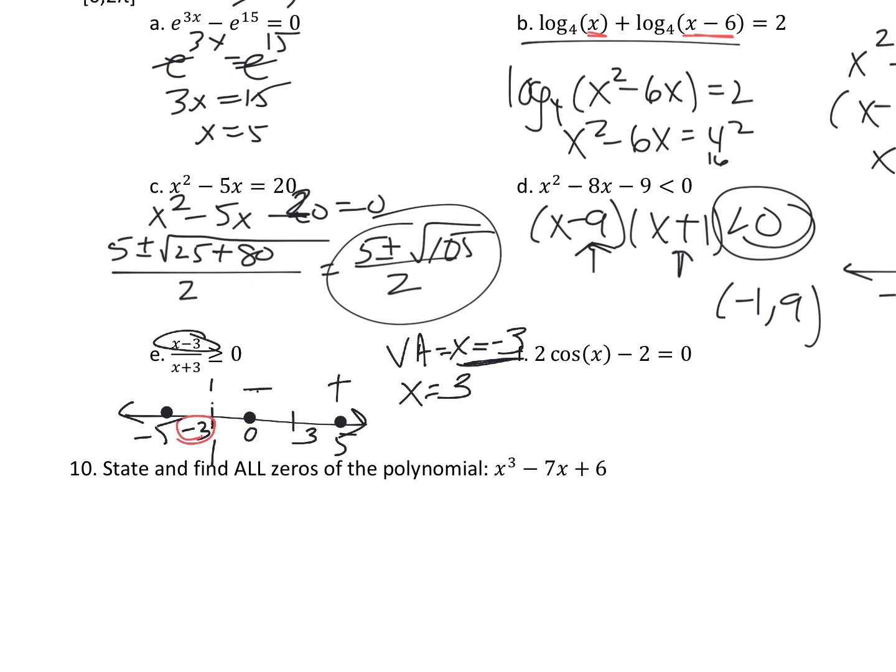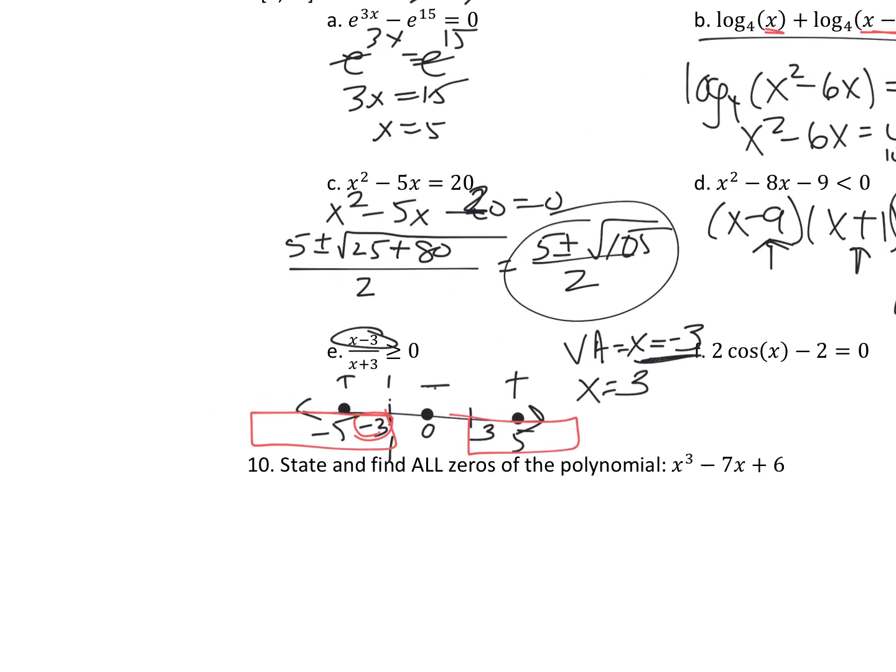And if I plug in -5, I get -8 over -2, so back to positive. So my key intervals are from -infinity up to -3. Now again, parenthesis, because we can't have a vertical asymptote answer, and then bracket 3 up to infinity.